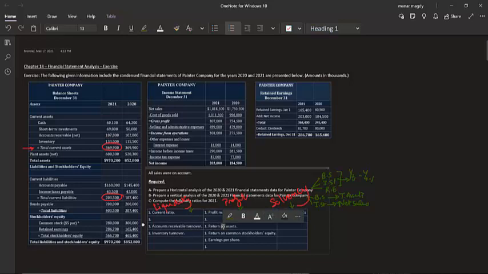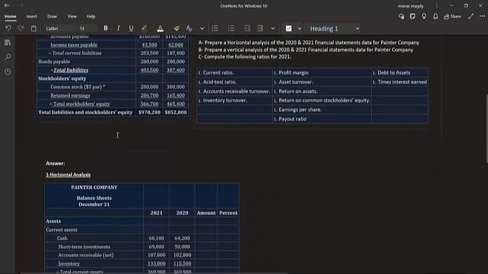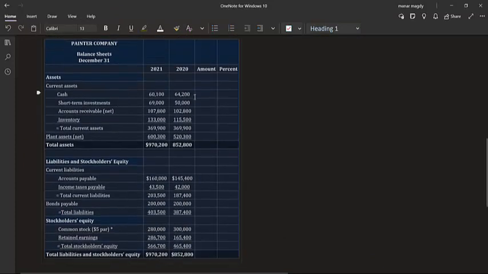So let's start. What is horizontal analysis? Horizontal analysis is that you compare the difference in an account between two years and write the amount of change or the percentage of change, whether this amount increased or decreased from year to year.